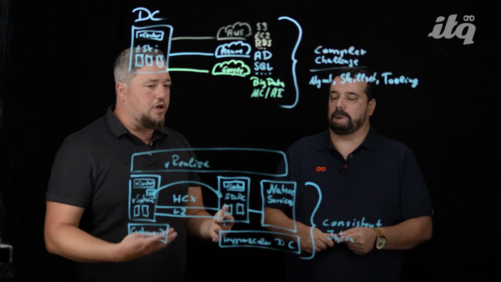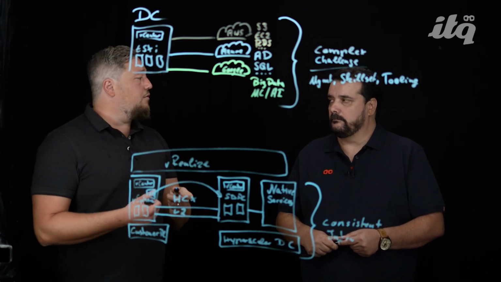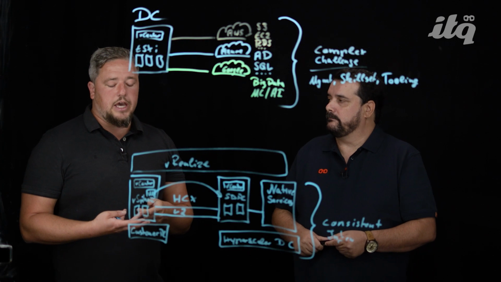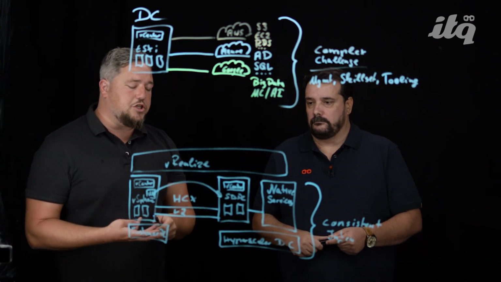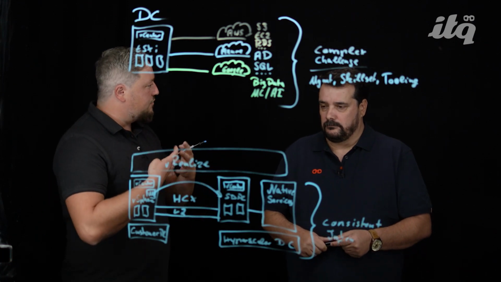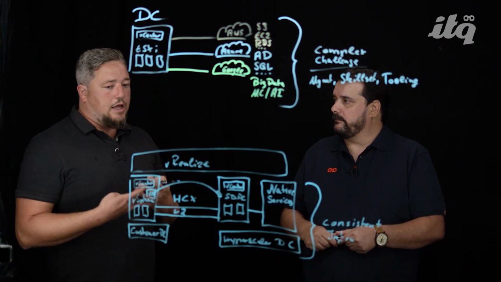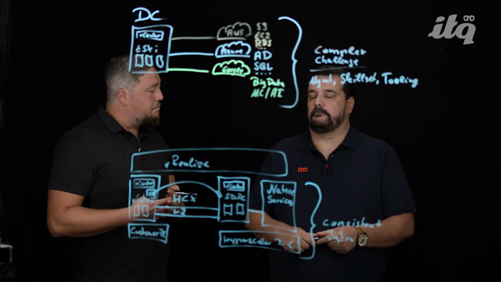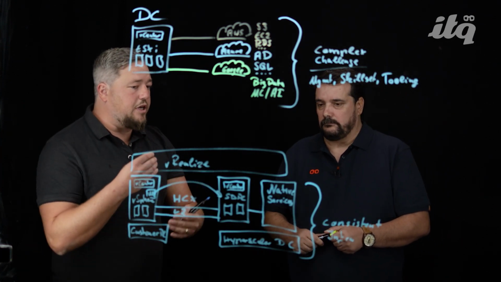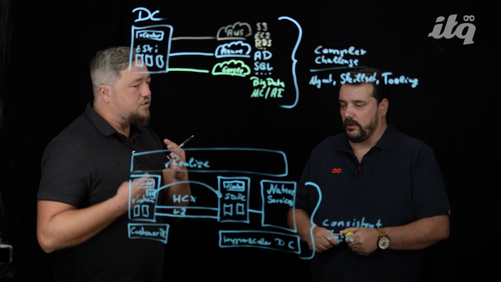In vRealize, we have automation, monitoring, and logging. Before we migrate the applications, with Network Insight we can make the dependencies of the virtual machine visible. We can understand what firewall rules are in place so that once we migrate, we can set exactly the same firewall rules and all this stuff.